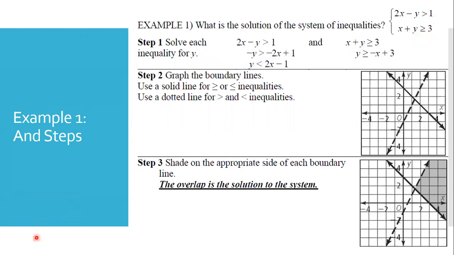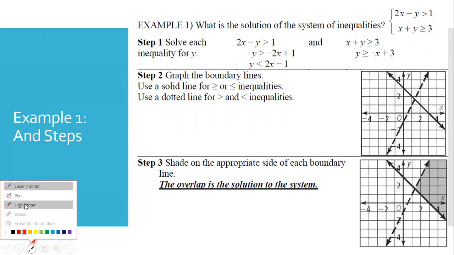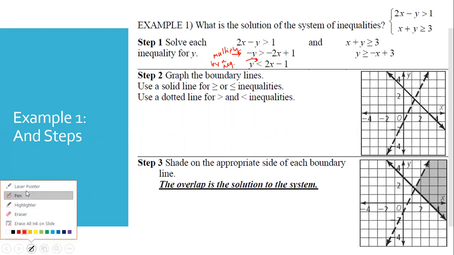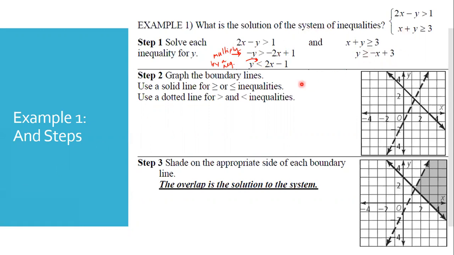Please remember that when you multiply or divide by a negative, it's going to change the sign. So I went from being greater than to being less than, okay? Not only are you changing the sign, but you've got to remember to flip that switch. But solve for y, done.